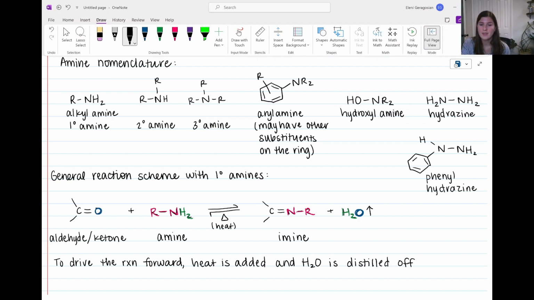Distilling off H2O, we're removing a product, and this is an example of Le Chatelier's principle. Where when we have a reaction in equilibrium, if we remove a product, that will encourage the reaction to proceed in the forward direction.